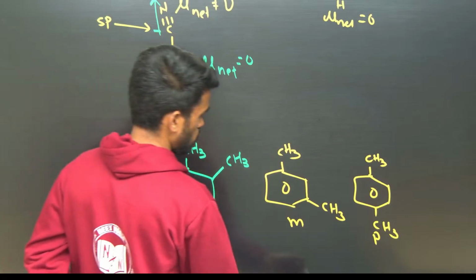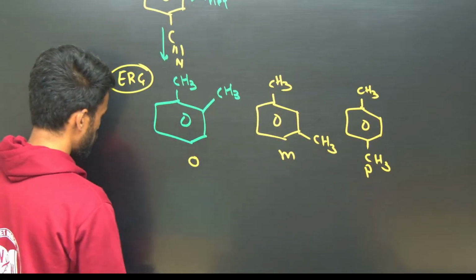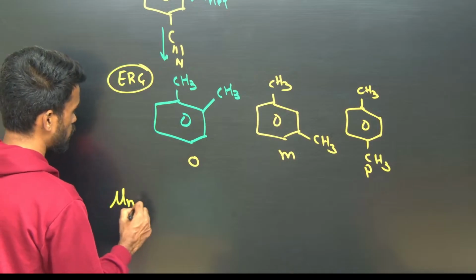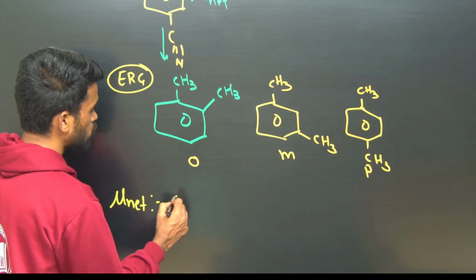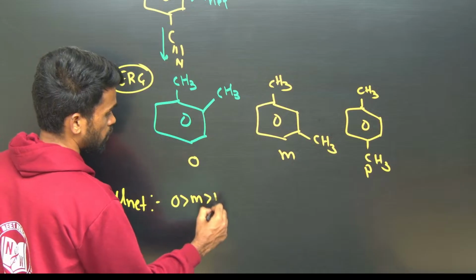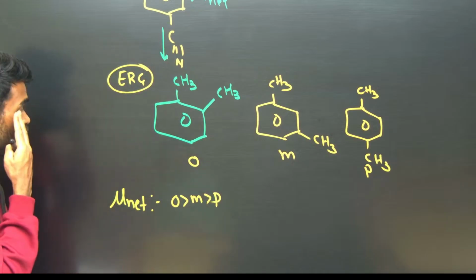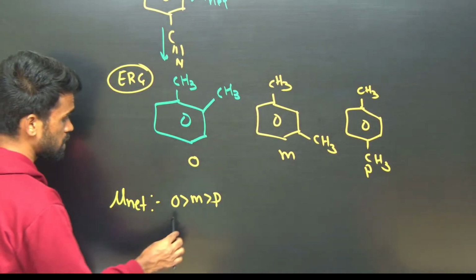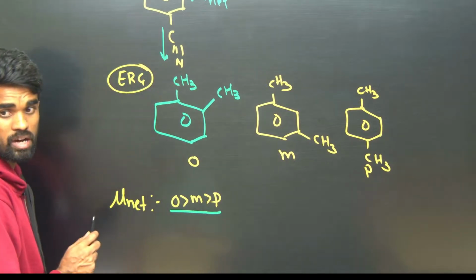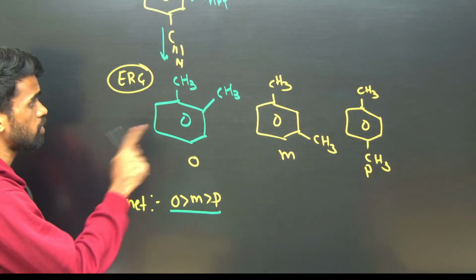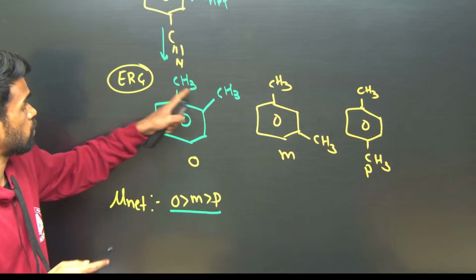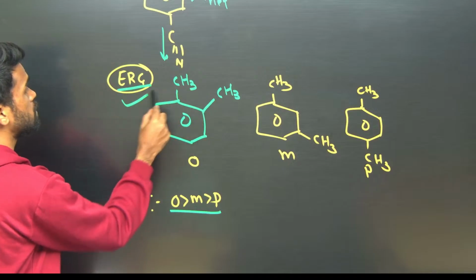Okay, so for this your mu net order will be, you just remember ortho, meta, para. I will tell you why that order is. You just remember OMP will be the order of dipole moment when both groups are electron releasing groups.